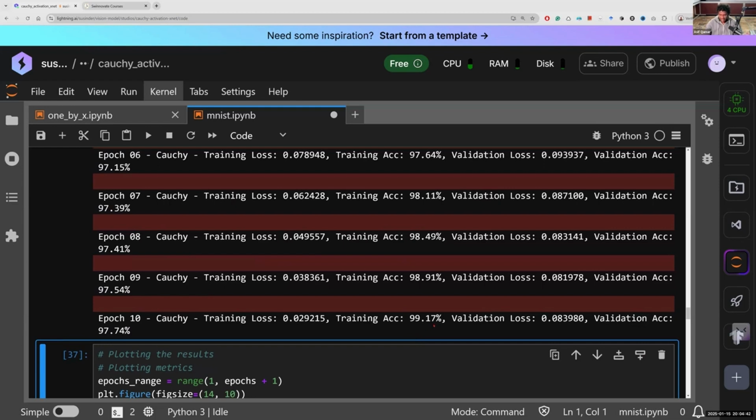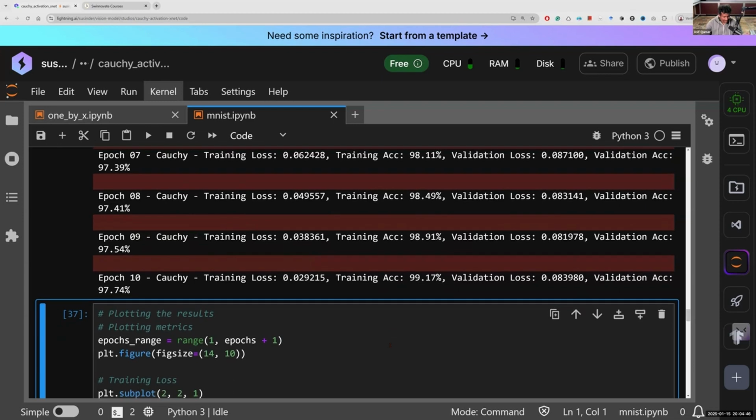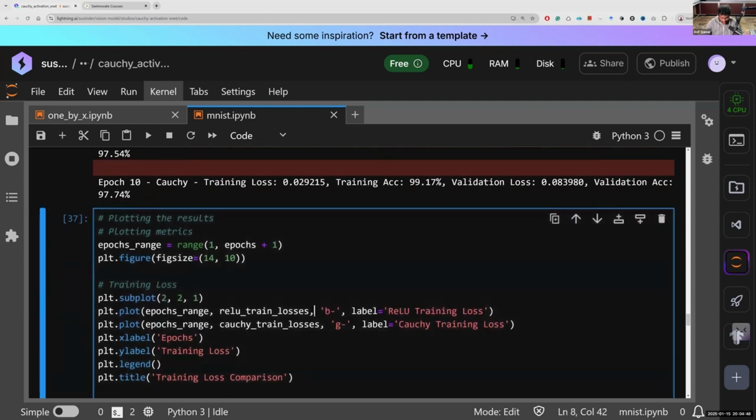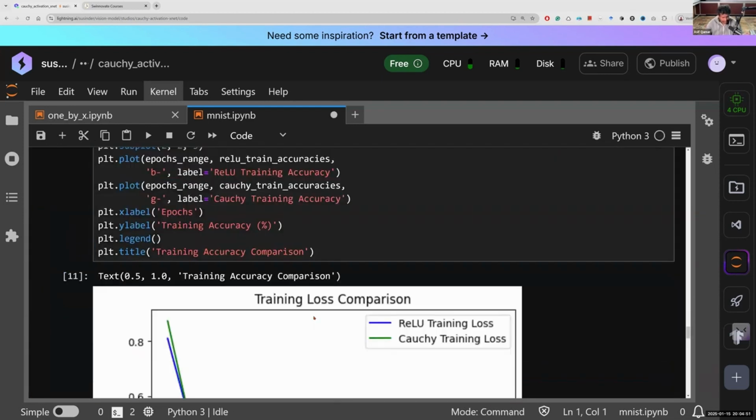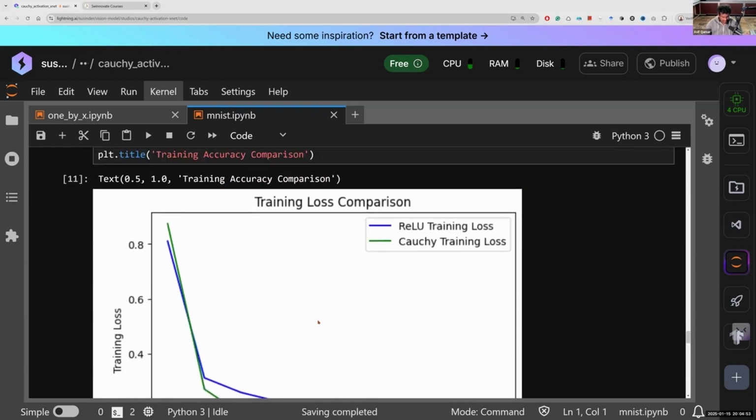Yeah, so it went to about 99.17. This is just 10 epochs. We can run further and see, but beyond that, you don't see a lot of improvement.